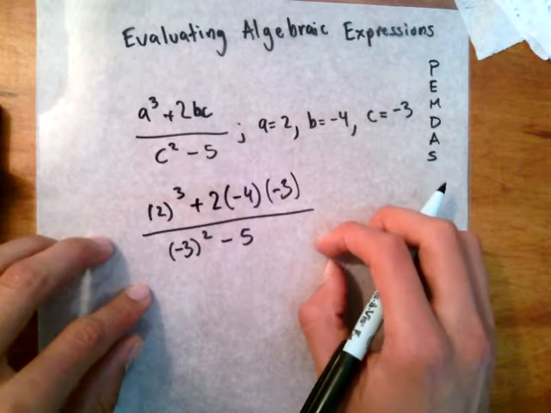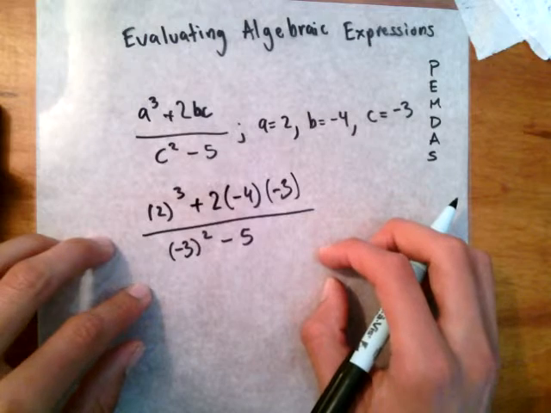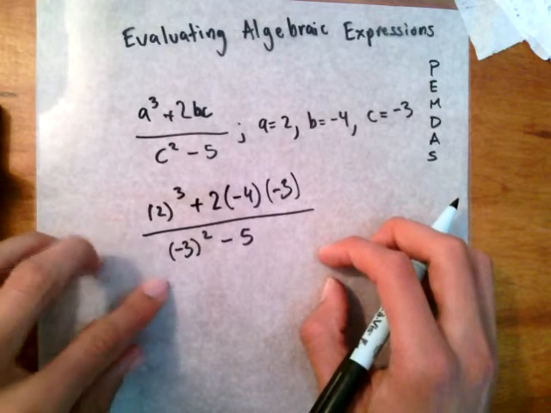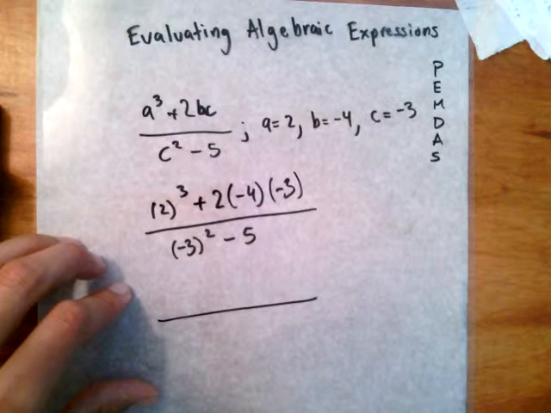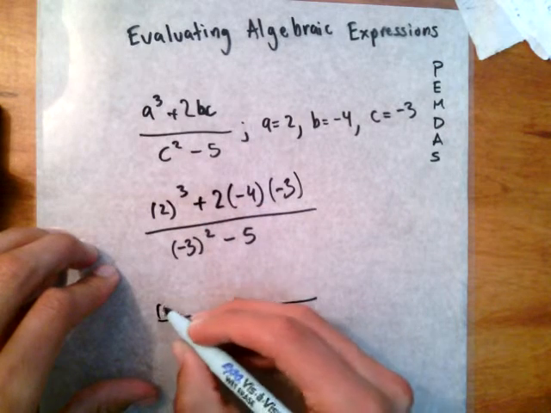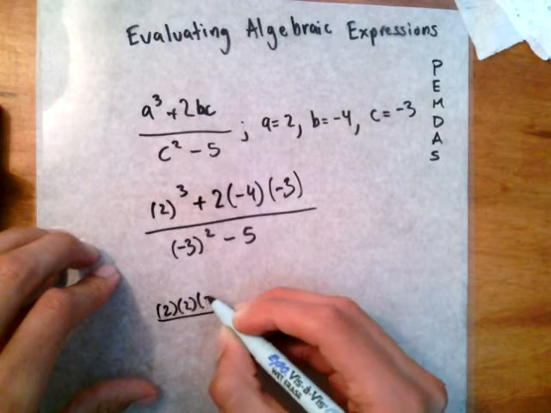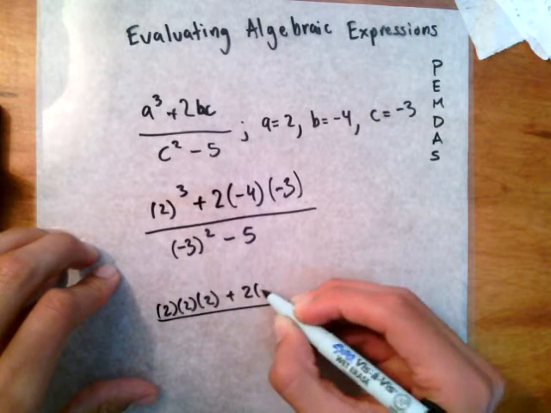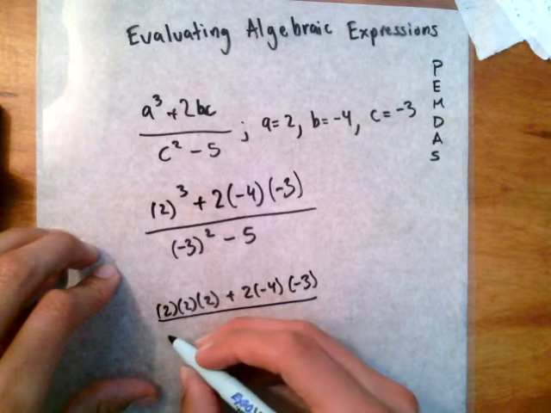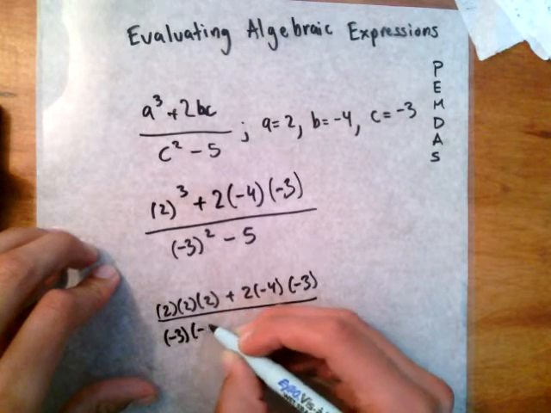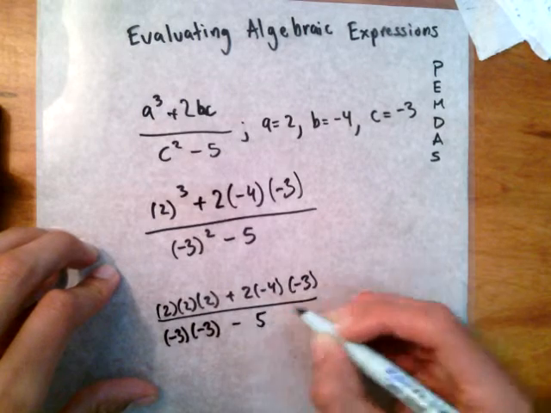Just to save some time, I'm going to work both the top and the bottom at once. So 2 cubed means that 2 is being multiplied by itself 3 times, and then -3 squared signifies that -3 is multiplied by itself twice.